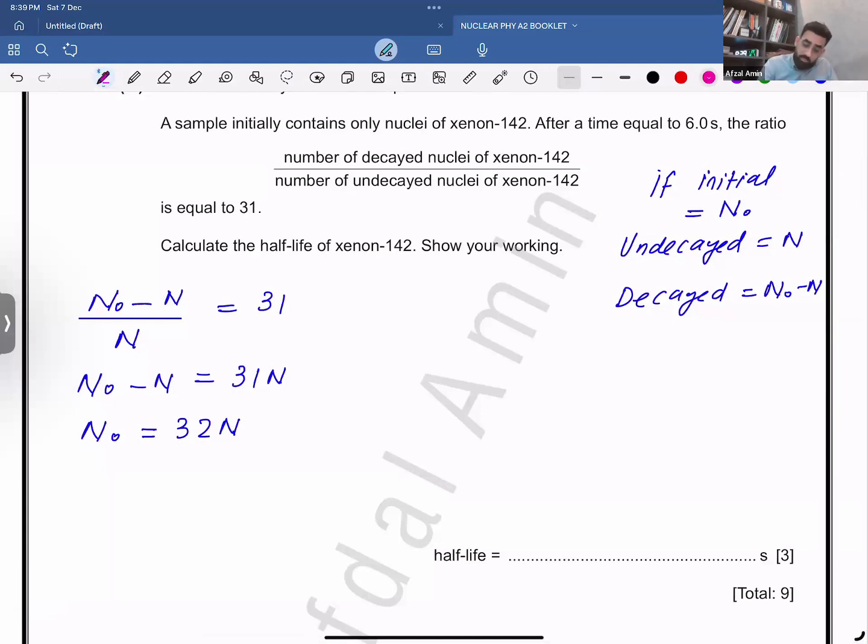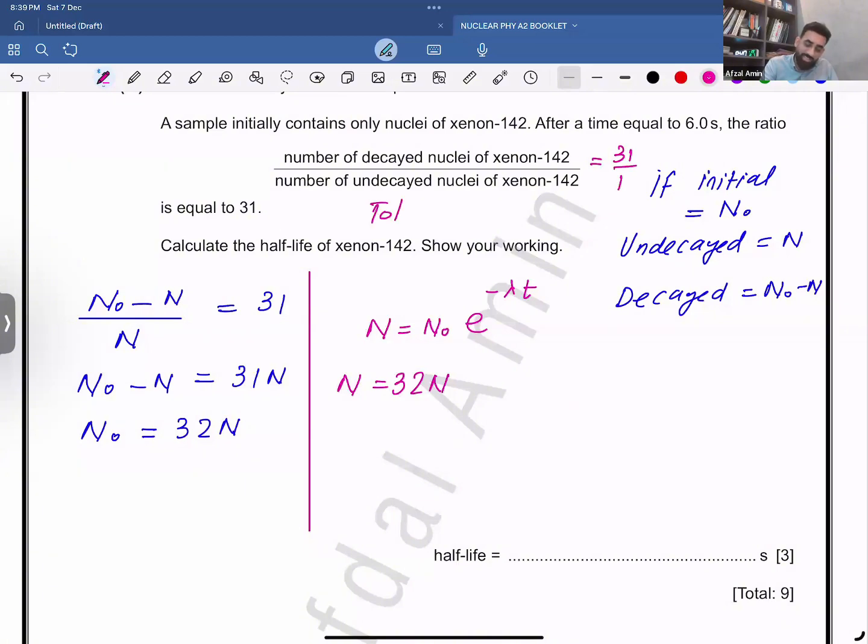Now, my dear, in order to find half-life, the activity rule is N equals N naught e power lambda t. N is what? We don't know. N naught is what? 32n. By the way, why did I do this much hard work? 31 over 1.